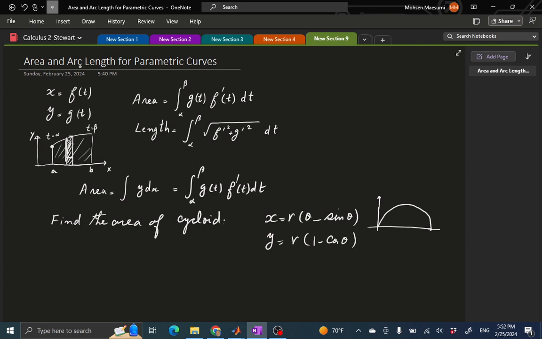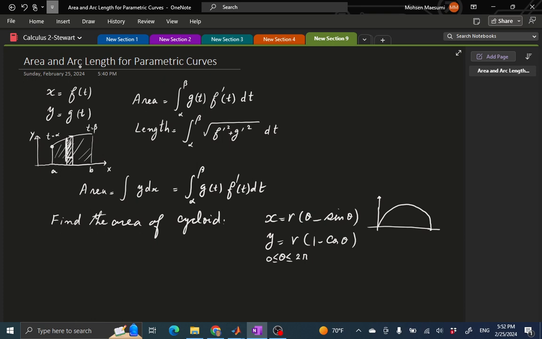Now the question is, we're trying to find out what is the area underneath this, and you remember one cycle of this cycloid goes from theta from 0 to 2 pi. So I have y, I have x, I need to find y times x prime.